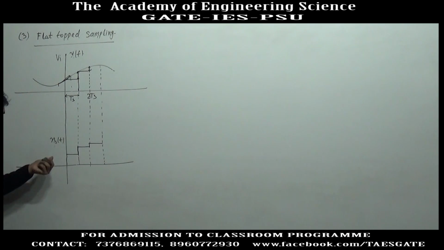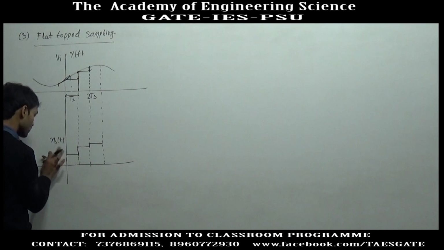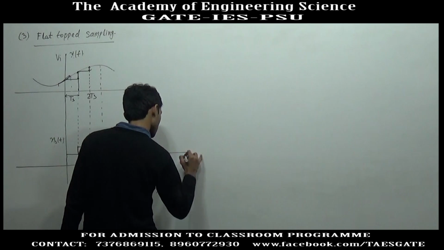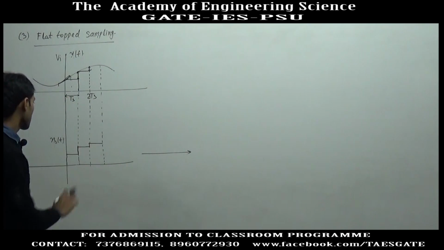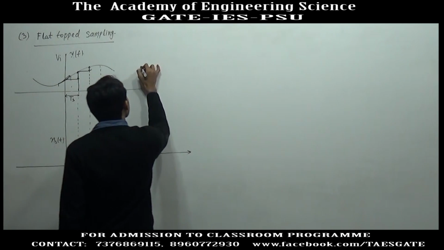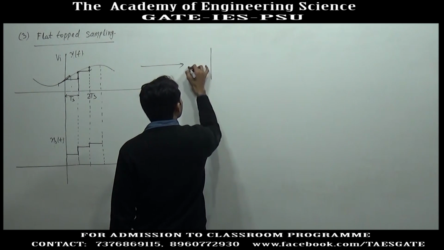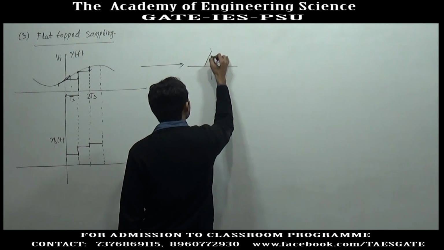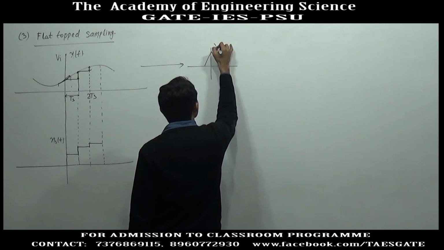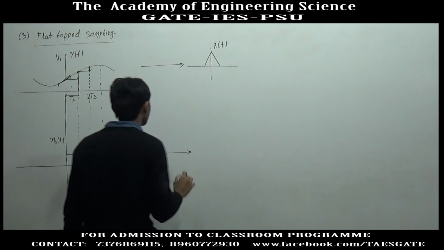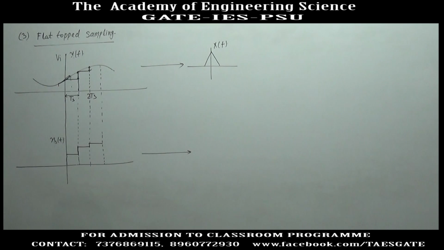Now, for analyzing the frequency components in a sampled signal, we will have to take the Fourier transform, or frequency transform, of the sampled signal. Suppose x(t) has frequency transform X(f), as we have taken before. The frequency transform of x(t) is known.